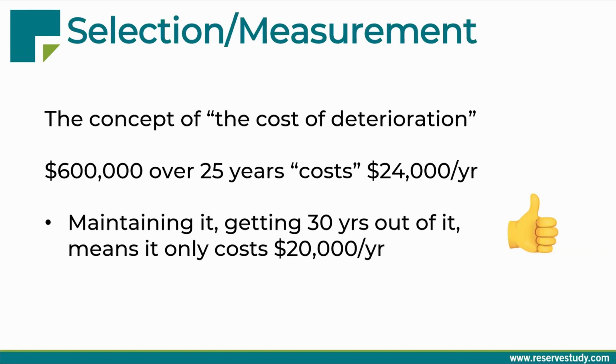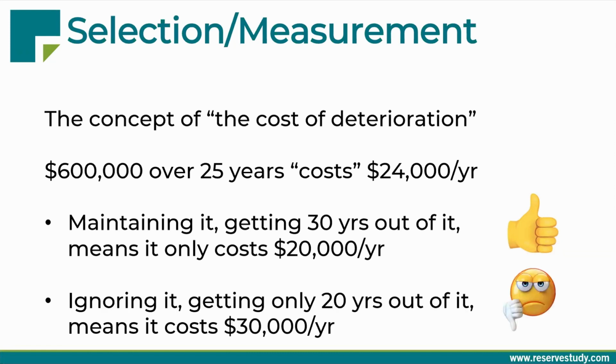Now, the opportunity of extending the life goes both ways. You can also run into the situation where even the minimal maintenance is ignored. The roof isn't cleared of debris from the gutters and downspouts. And instead of maximizing the useful life, it is actually reduced, for example to 20 years instead of the 25 or 30 years.